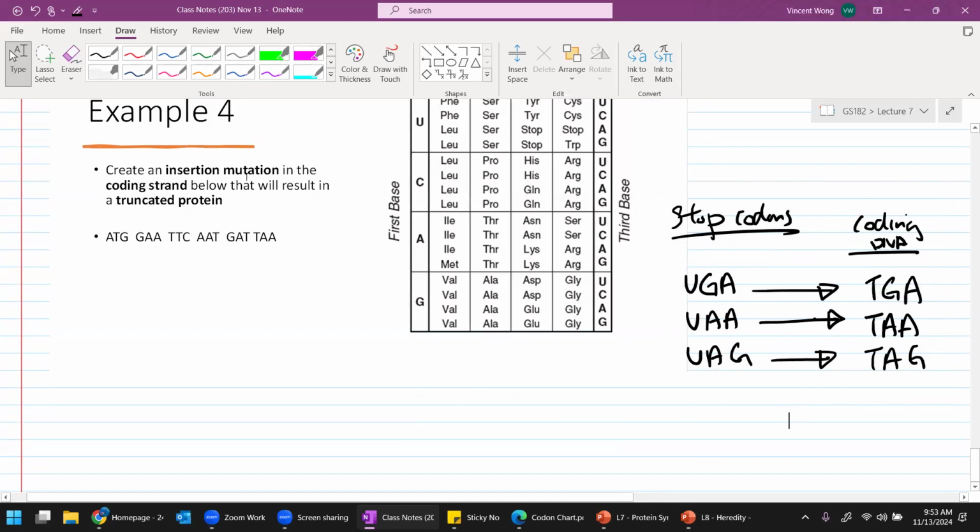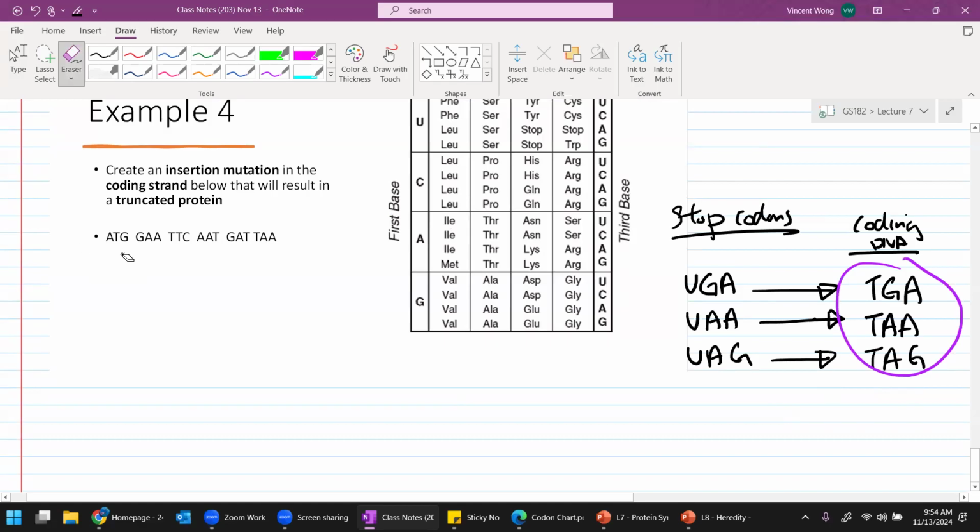What do we have to introduce to make it shorter? Stop, right? We have to introduce a stop. But this time, the question wants you to create a stop codon, not with base substitution, but with insertion. So you need to insert something to create one of these stop codons.